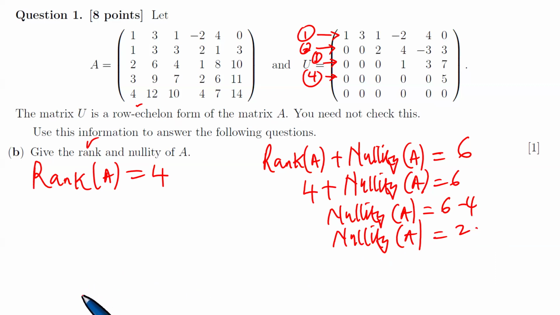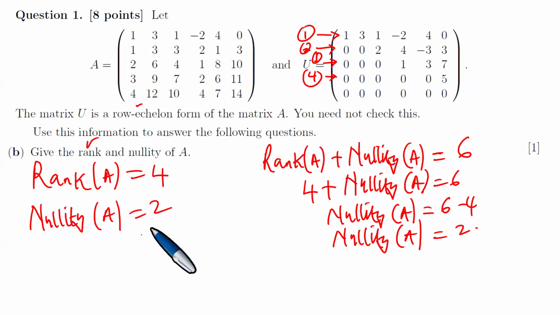So we see that the rank of A equals 4 and the nullity of A is exactly 2. Why? Because 4 plus 2 equals 6.